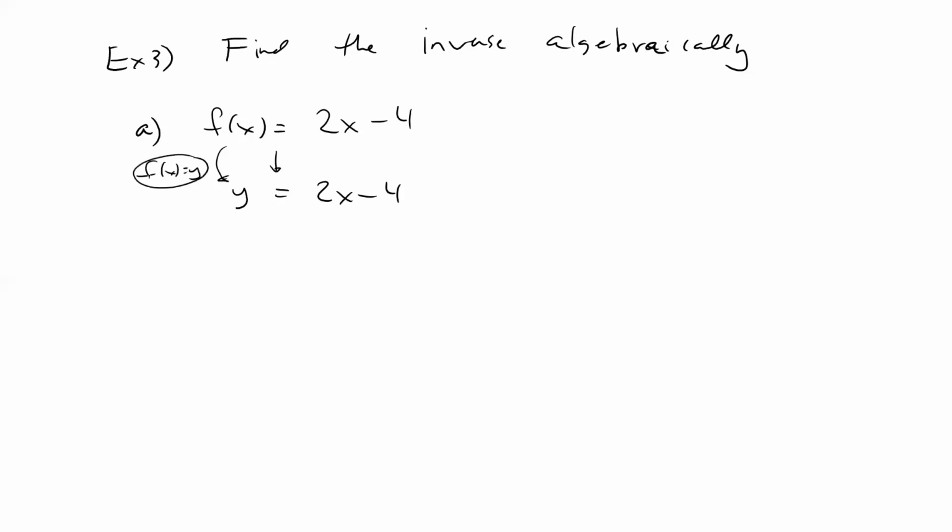So f of x becomes y. Next thing is we switch x and y. Now this becomes x, that becomes y. And next thing is solve for y.